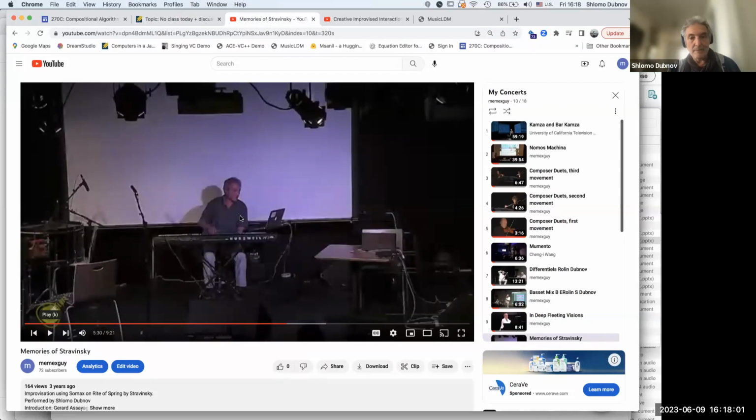So this is an example using one of our machine learning algorithms in a so-called machine improvisation setting. This is SOMAX. In some sense, it's related to the models we discussed, like n-gram models, Markov models, or variable memory length models like factor oracle.